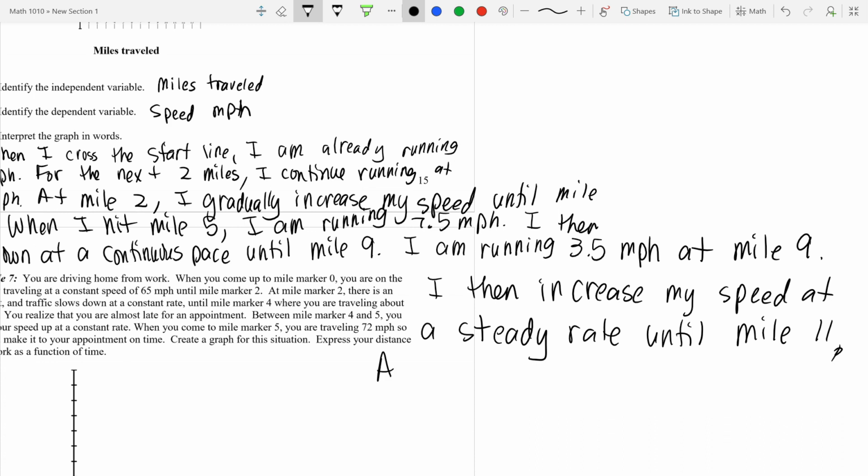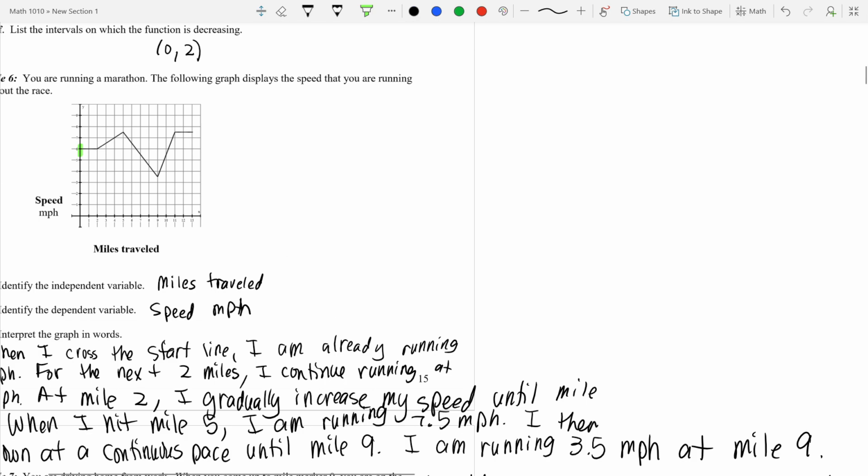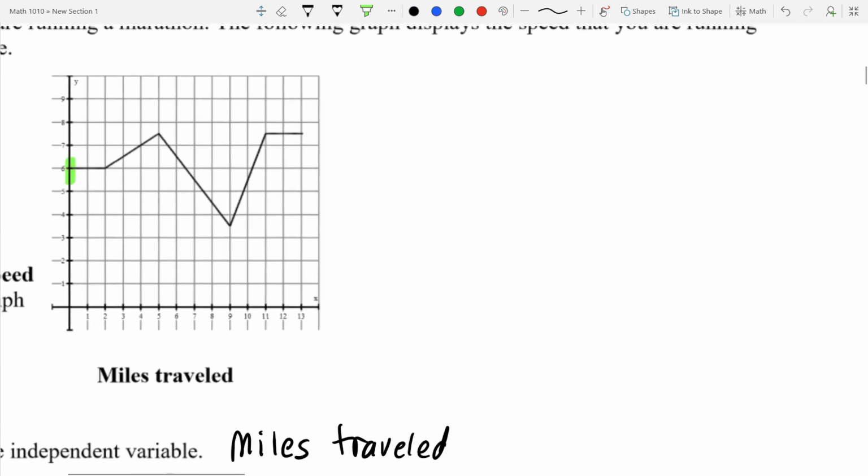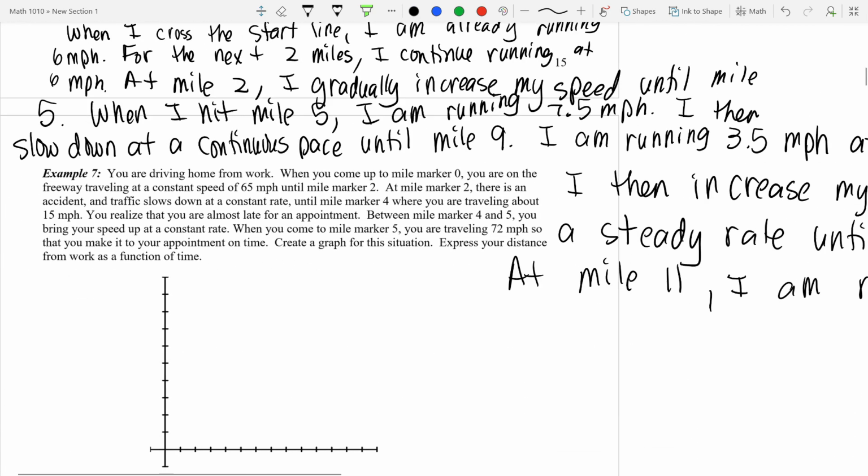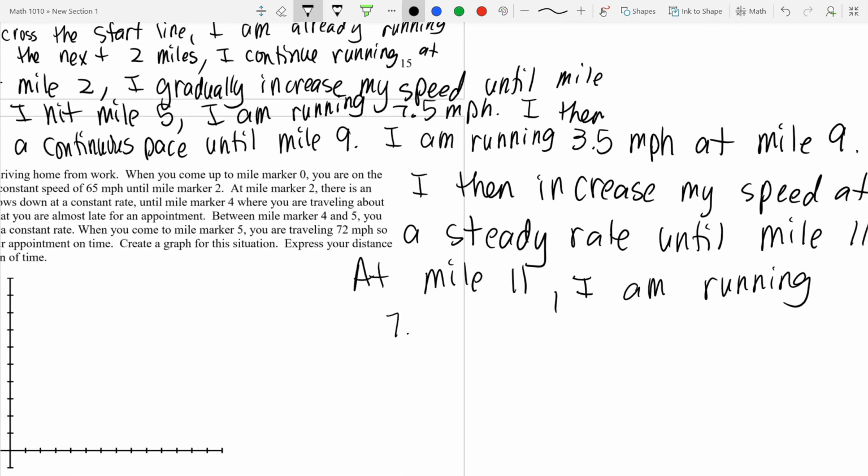At mile 11, this is super long, I'm sorry. At mile 11, I am running, make sure you get all this down, it's going to be on your quiz. I am running 7.5, yeah. 7.5 miles per hour.